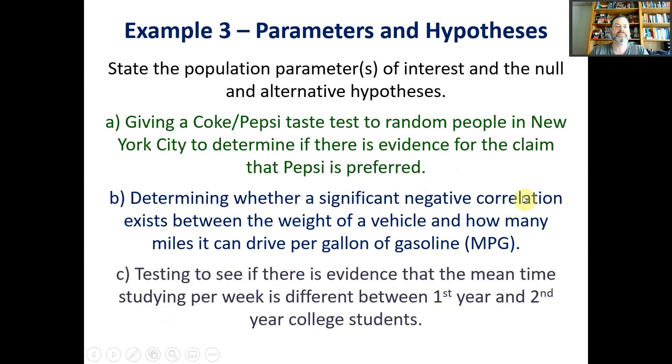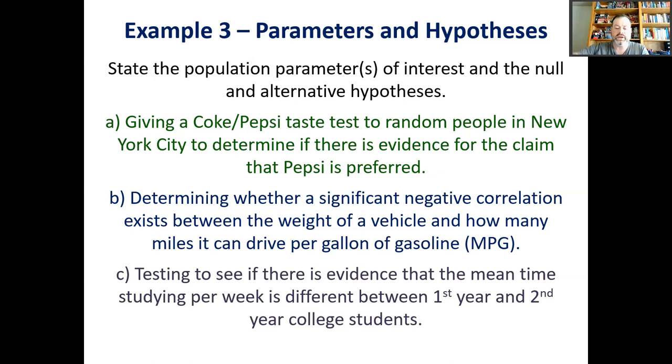Let's see how that works. So here are 3 examples, and we're going to state the population parameters of interest and the null and alternative hypotheses. We've already seen the first one, right? That was our Coke Pepsi taste test. So how do we approach a problem like this? We already know how to do population parameters of interest, right? Because we did it in chapter 3.